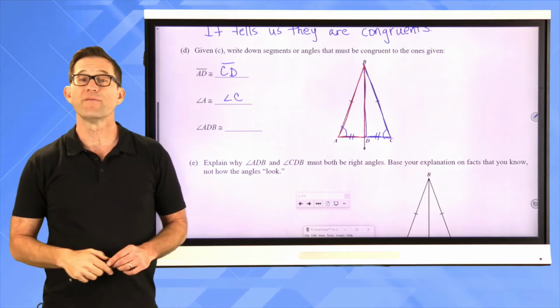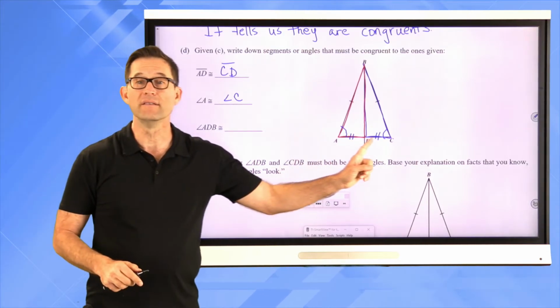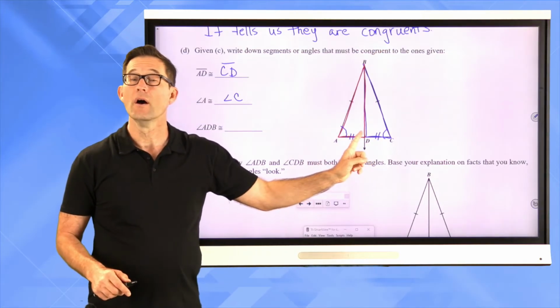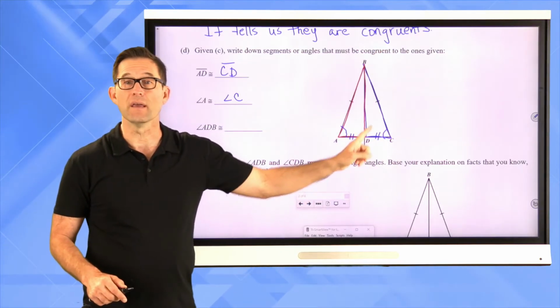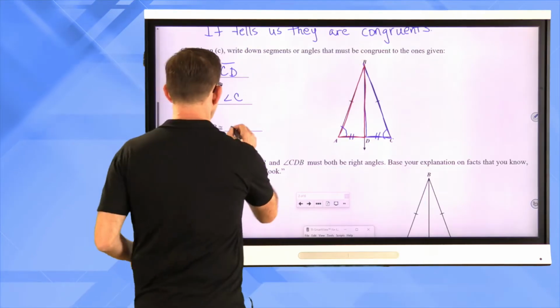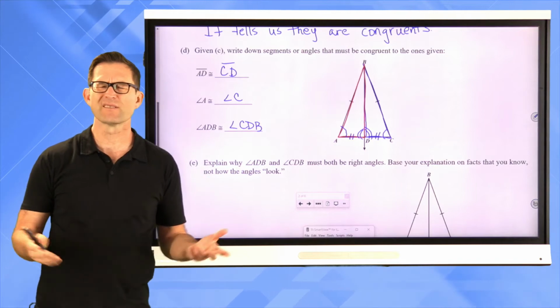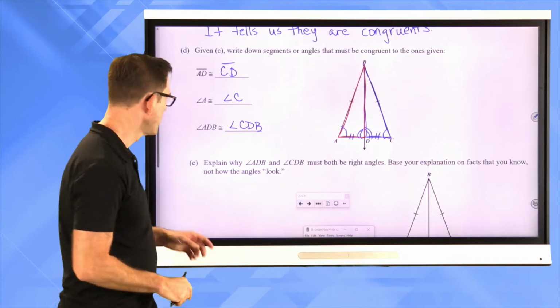And finally, angle ADB, which is this one right in here, must be congruent to angle CDB. And maybe I'll put a double arc mark there. Arc mark sounds like an aardvark, except not quite.